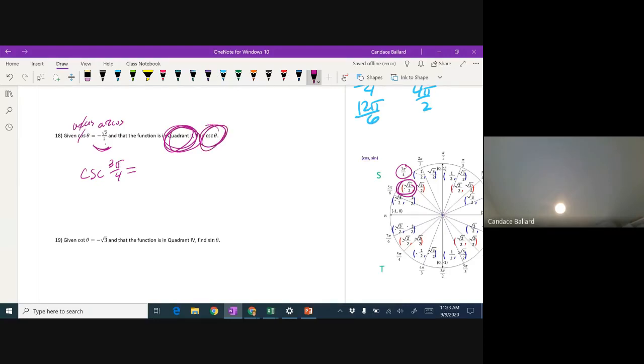Well, cosecant is the reciprocal of sine, which is the y value. So I'm going to flip the y value for cosecant, and I'm going to multiply by the reciprocal. So square root of 2 over 2. So square root of 2 times square root of 2 over 2. Those cancel. I just get square root of 2.